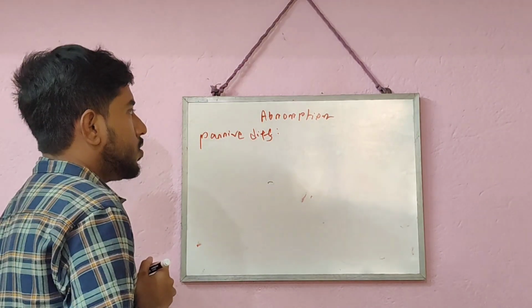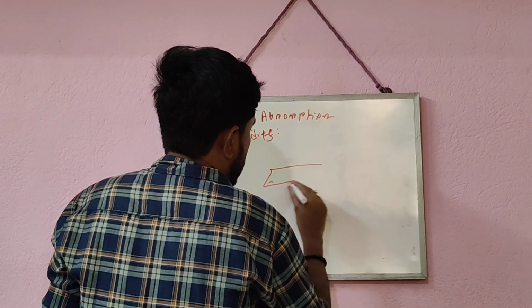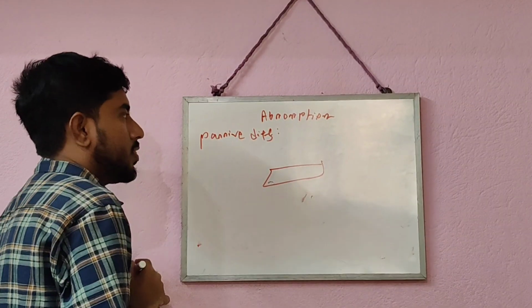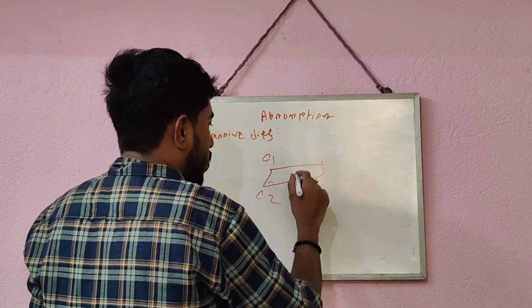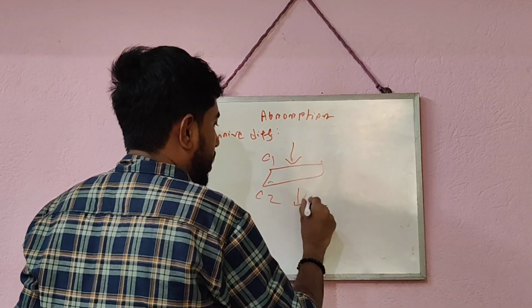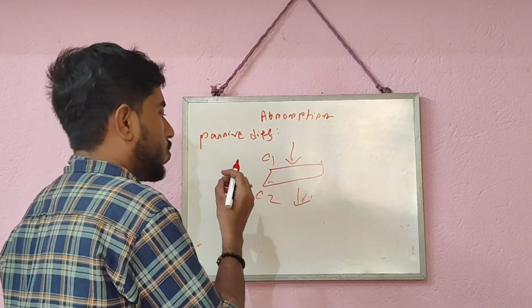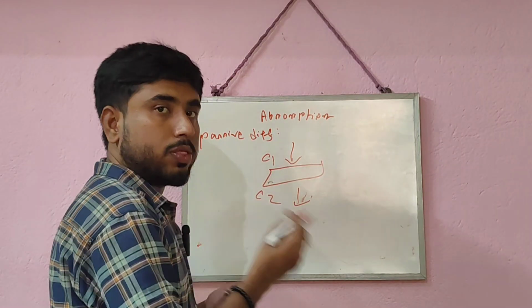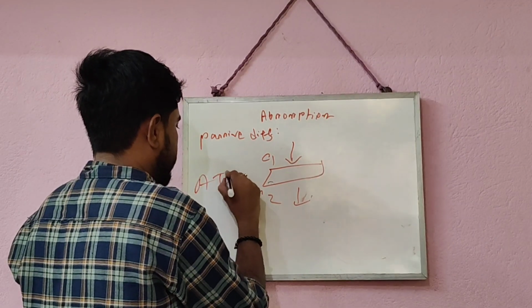In passive diffusion, what generally happens is that GI endothelium cells are there. Here a concentration gradient is created, and towards that concentration gradient the drug gets absorbed. We are absorbing the drug from high concentration towards low concentration, so there is no requirement of ATP or energy.